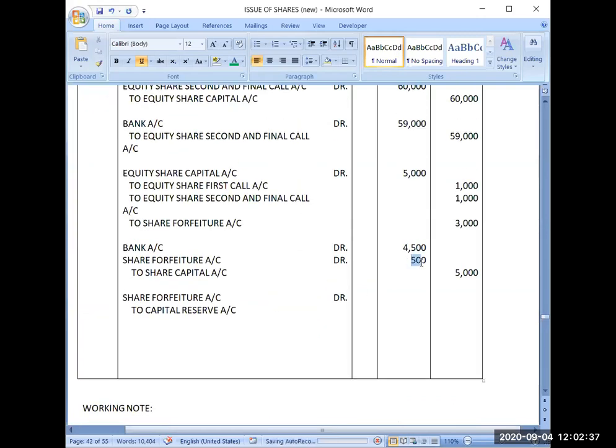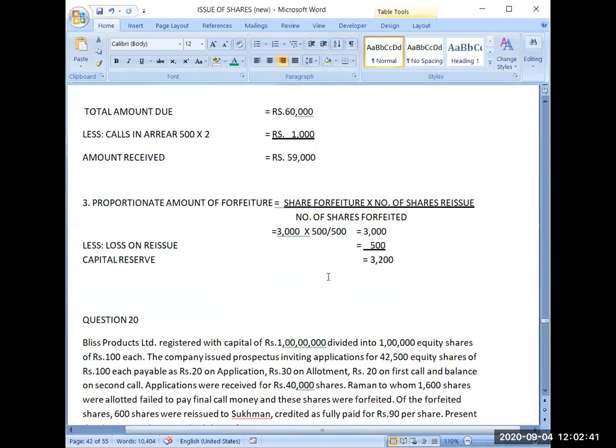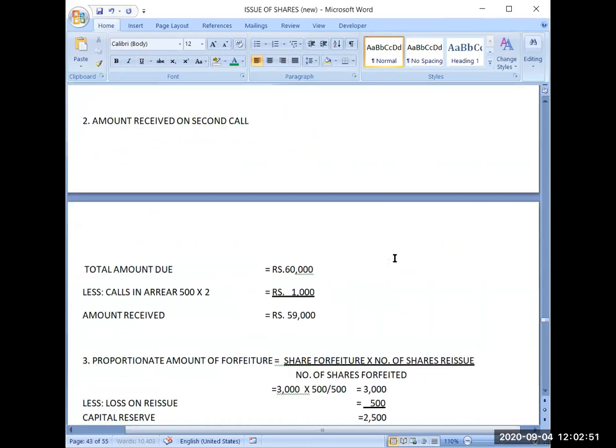I have a loss of rupees 500 that I will subtract here, and my capital reserve will be 2,500.